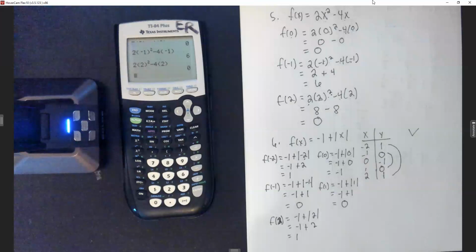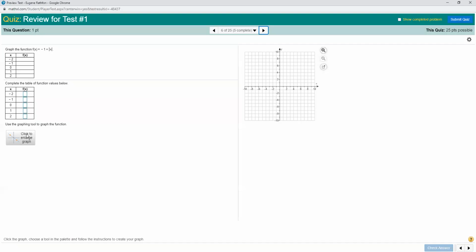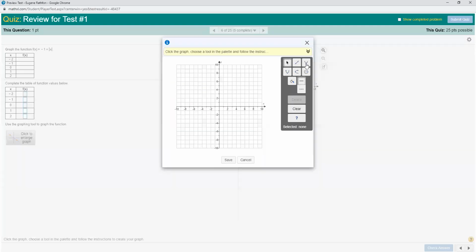So let me go and show you what I would do to that. So I'm going to click it to enlarge. So absolute value is the V. And you can sort of arrow over them or go over them, and they'll sort of tell you what they are, okay?